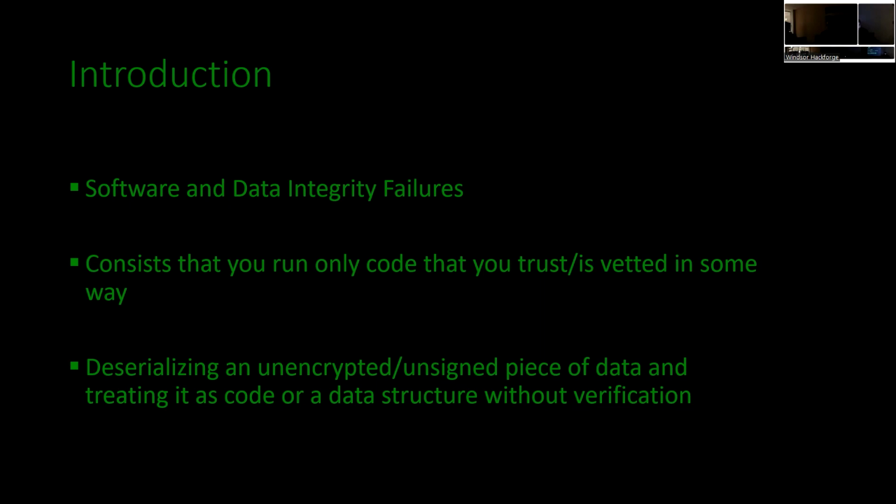And then another one, which is also in this topic, but like I mentioned in the other OWASP sessions, is that these categories are getting broader as they try to encompass more and more threats into the OWASP top 10. And so there's deserializing of unencrypted or unsigned data as code.